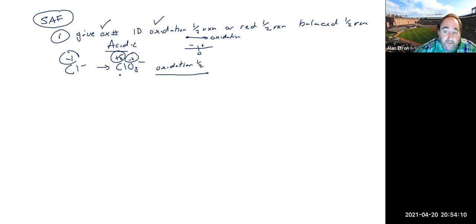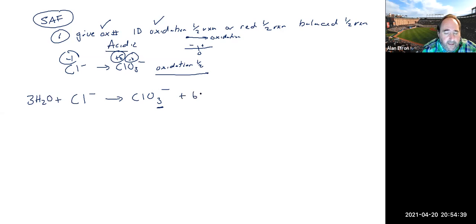Then what you need to do is balance it. So how do we balance it? I kind of lied. We'll go through it real quick just to make sure. We're basically just going to pick up what we were just doing. The first thing we would want to do is balance any element other than oxygen, which is not the case here. We then would want to balance the oxygen by adding water. So we would add, in this case, 3 waters to the left-hand side for the 3 oxygens.